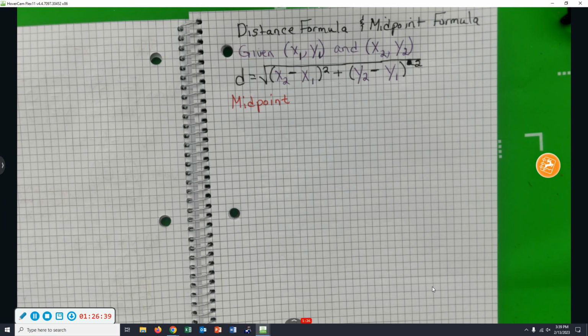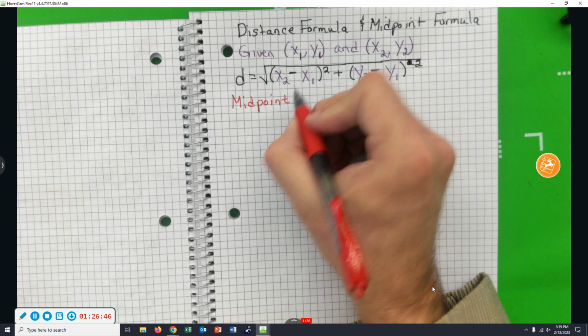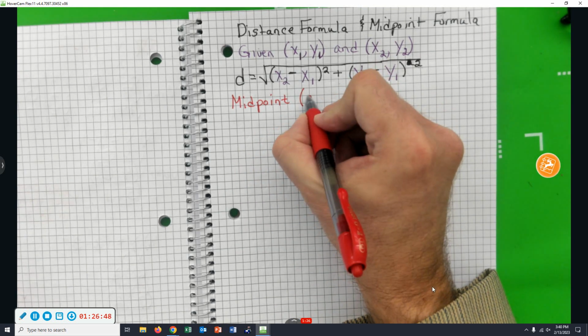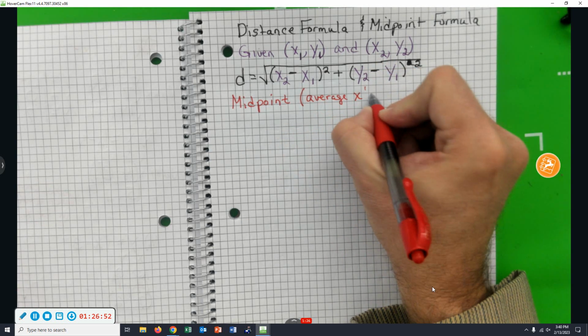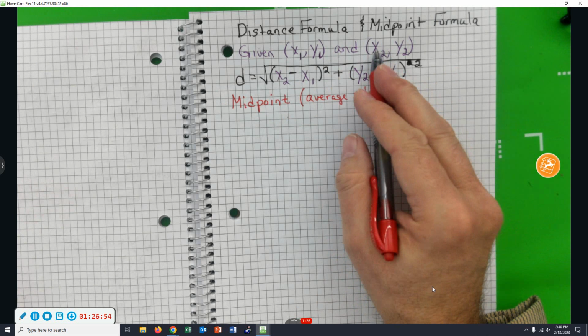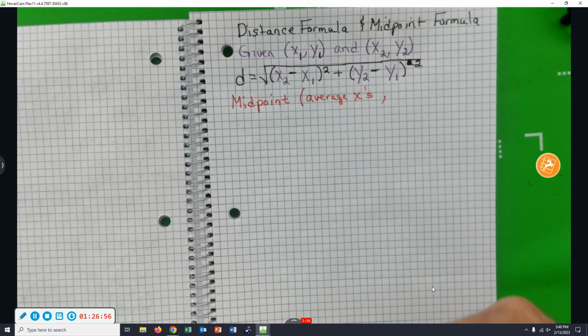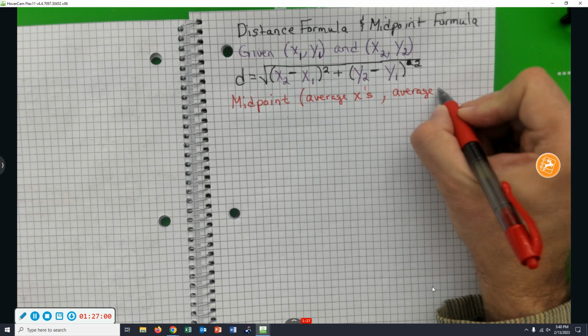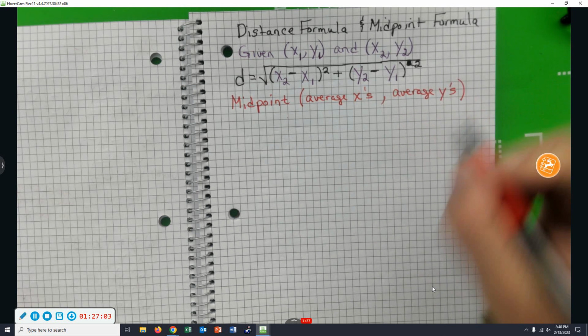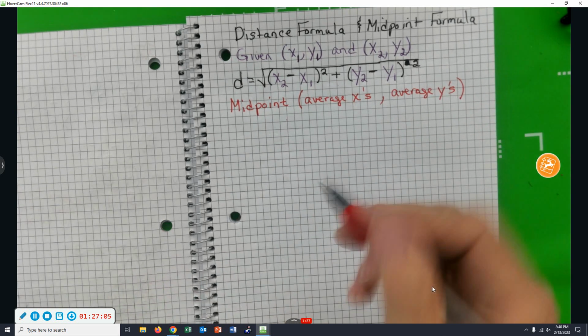You add them together and then divide by the number of numbers, 2. To find the midpoint, you're going to average the x's. There's 2 of them, x1 and x2, so add them up, divide by 2. And then you're going to average the y's. There's 2 of them. Add them up, divide by 2.